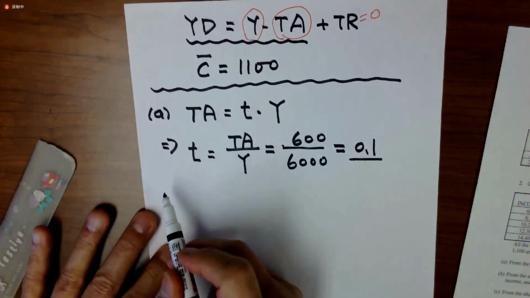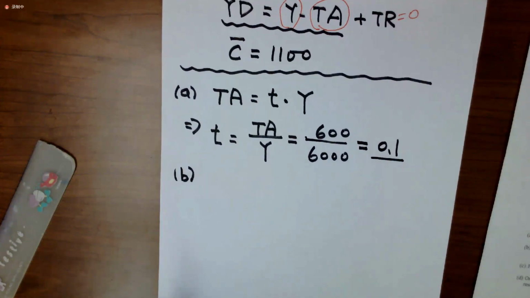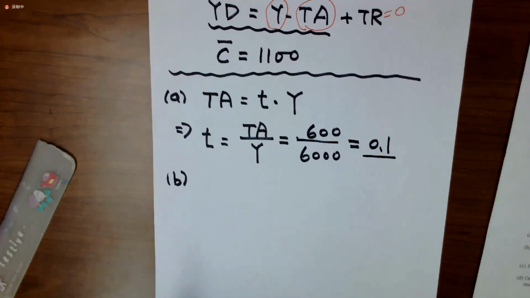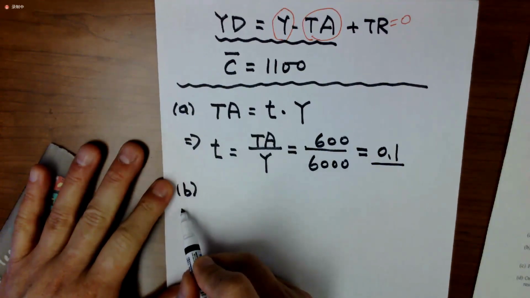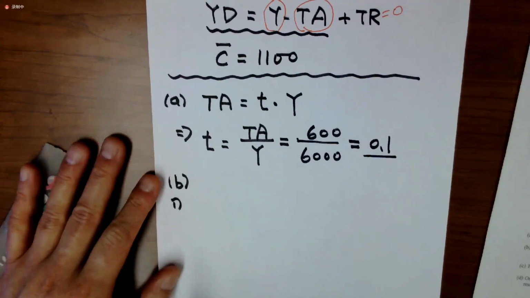Part B is something that I have emphasized, and I told you every single exam, first midterm, second midterm, and your final of this class, I'm going to ask you these same two problems over and over again. So the first one is, what is MPC out of disposable income?